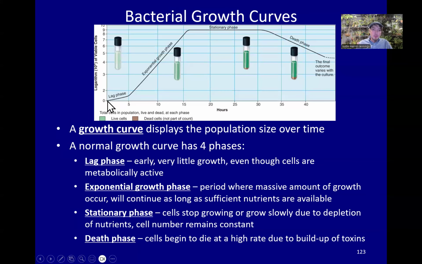And when you start a culture, there's plenty of nutrients within that culture. There are very few bacteria, and they start to grow in what's known as the lag phase. This lag phase is a slow doubling. They start to get used to the temperature, the media and the nutrients and what's available.